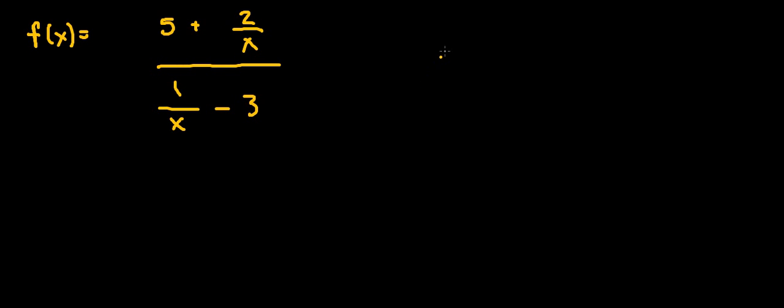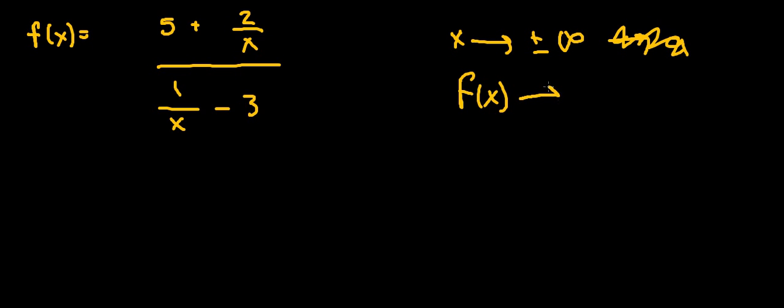So we know we have a horizontal asymptote if as x goes to plus or minus infinity, f of x gets closer to some value a. So let's look at this function and ask ourselves, what would happen if x went to infinity?